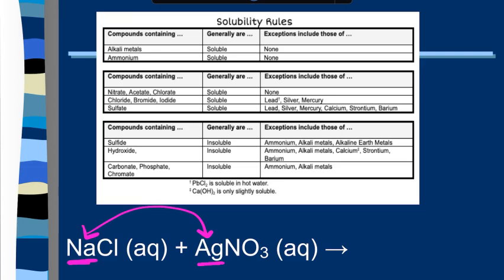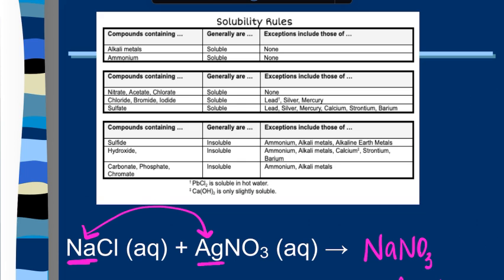Because sodium's +1 and nitrate's -1, our first product is going to be NaNO3. Our second product, which I'm going to write just below here, is going to be silver. Silver is always +1, and it's going to be bonded to chloride, which is -1. So the formula there is AgCl.